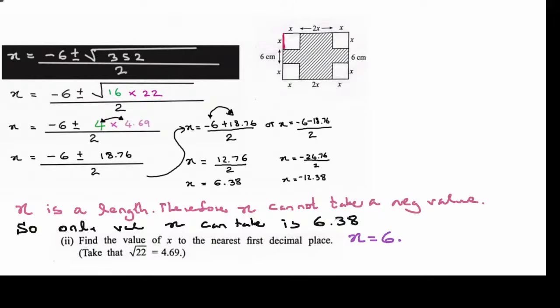Before we write the digit in the first decimal place, we see what's next to it. That's 8. 8 is bigger than 5. Then what do I do to the 3? I add 1. So x equals 6.4 centimeters. We can say rounded to or correct to 1 decimal place.